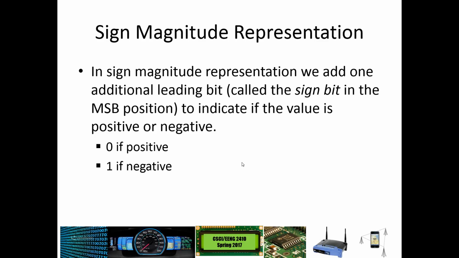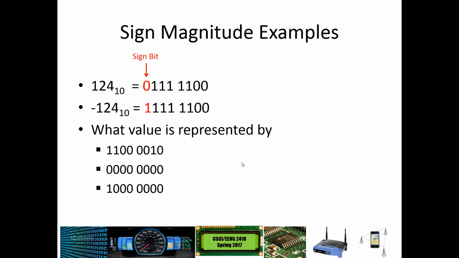In sign magnitude representation, you use the most significant bit, that is the leftmost bit, to indicate whether it's positive or negative, and then you use the remaining bits to indicate what value it is. If it's positive, you put 0 there. If it's negative, you put 1.